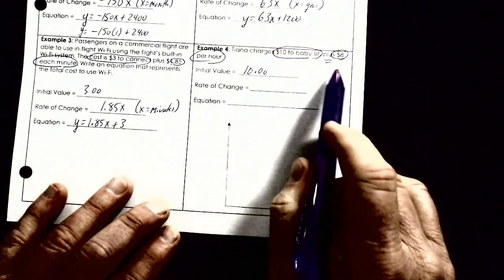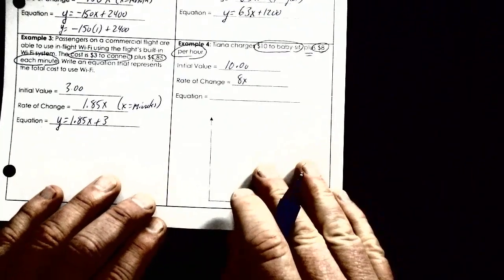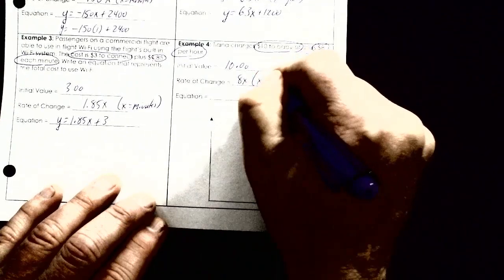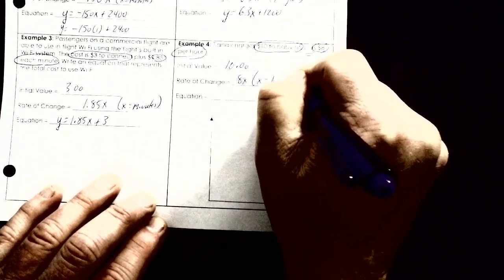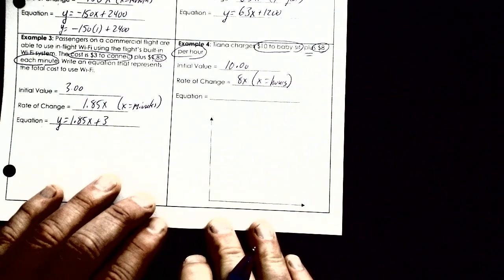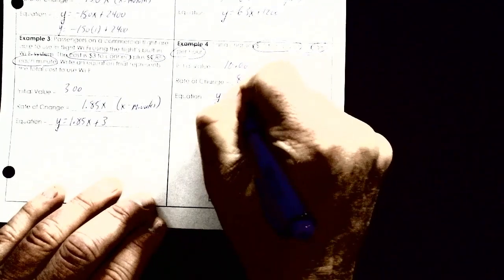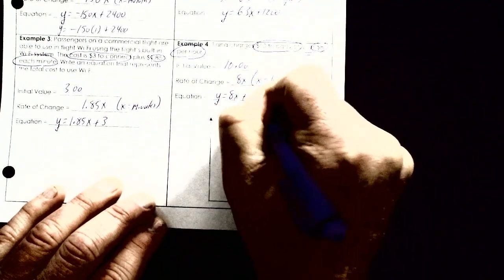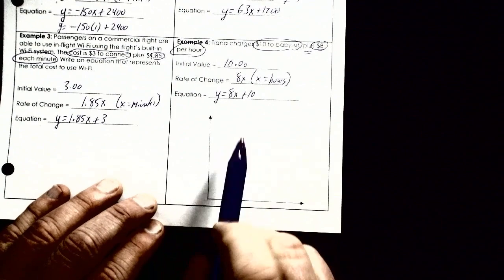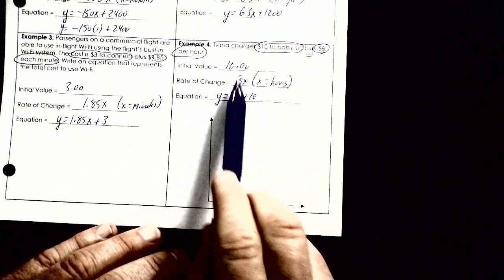Changes $8 per hour. Okay, what does X represent? Number of hours. Here's your equation. Again, 8x plus the $10, and you don't need to put the zeros on the 10. So there's your equation. Rate of change is $8 per hour, and she starts at 10.